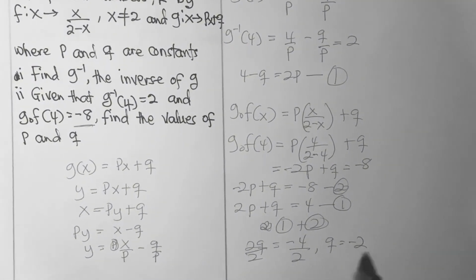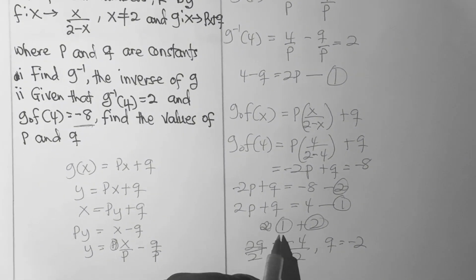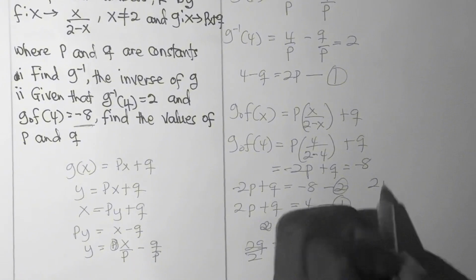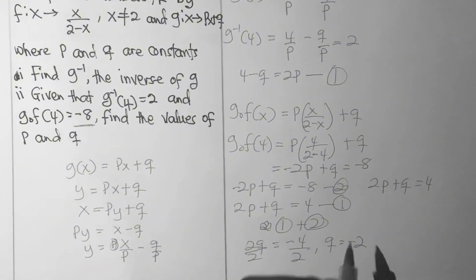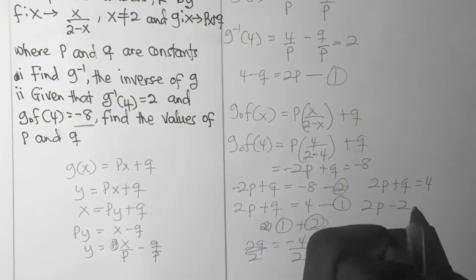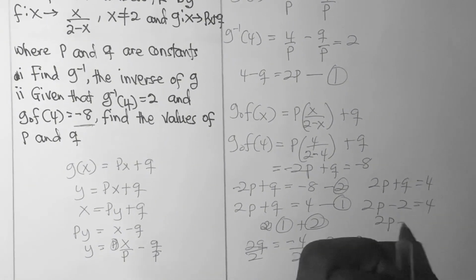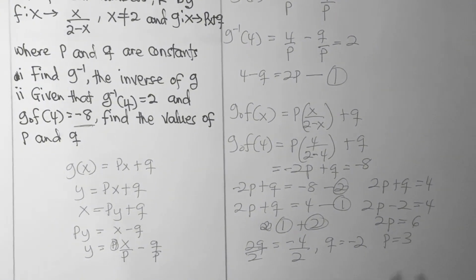So having found the value of q, we can put it in equation 1 and find the value of p. We know that 2p plus q equals 4. But q is minus 2, so 2p minus 2 equals 4. So 2p is equal to 6. Dividing by 2, we find out that p is equal to 3. So q is equal to minus 2 and p is equal to 3.